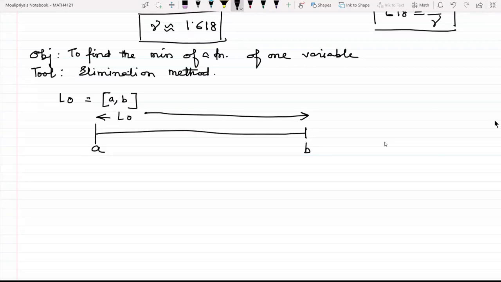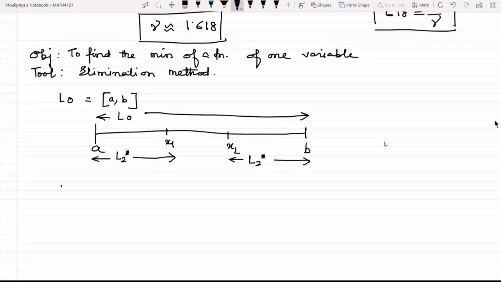We are going to take 2 points, x1 and x2, such that the distance between A and x1 is L2 star. The distance between x2 and B is also L2 star. This is how the 2 points x1 and x2 are taken.